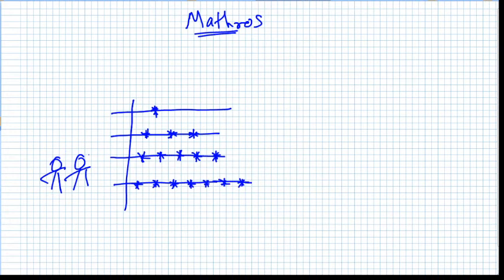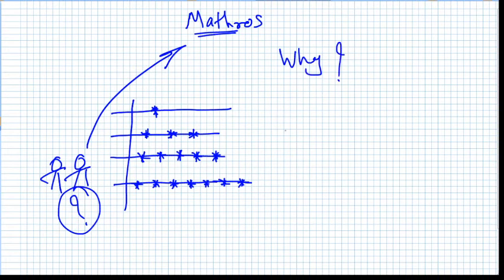The students were of course confused, so they decided to ask Mathros, "Sir, why have you planted the plants in this manner?" Mathros said, "Yes students, I have done it so that you can understand something in algebra called a sequence."